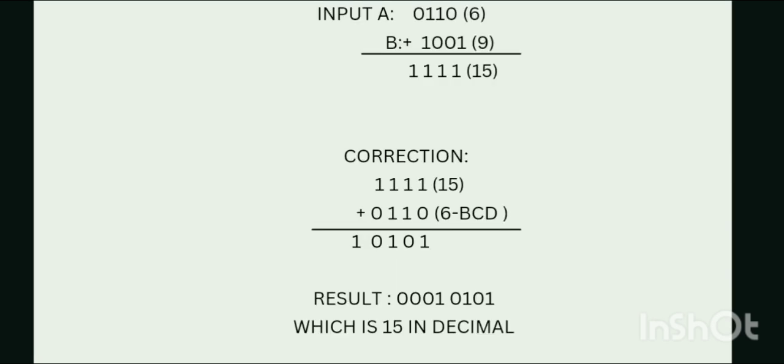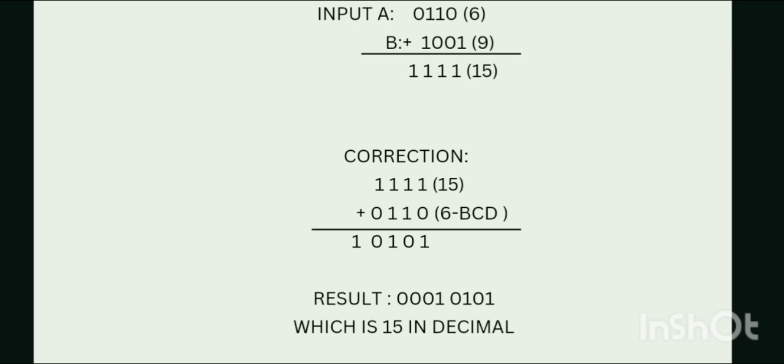In the first example, we are performing binary addition by taking two inputs A and B, where input A is 6, that is 0110 in binary, and B is 9, that is 1001. Then, by using the standard binary adder, the sum of these two is 15. Since the sum is greater than 9, we need to add 6 to the result to correct it. So let's add 0110, that is 6, which gives the sum 10101.